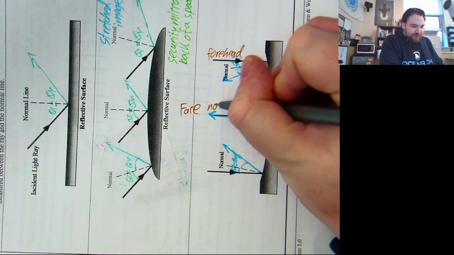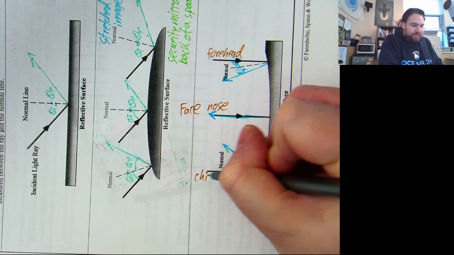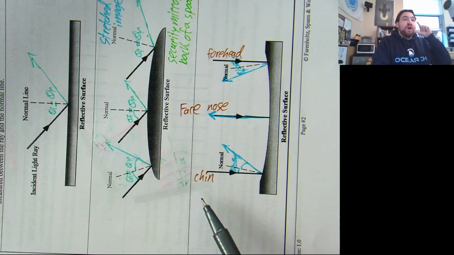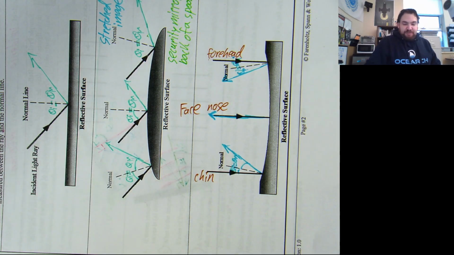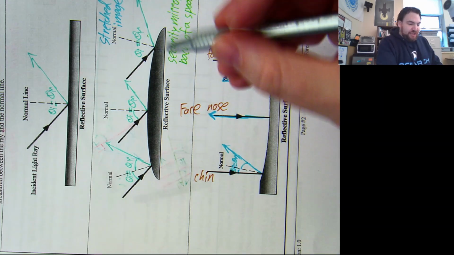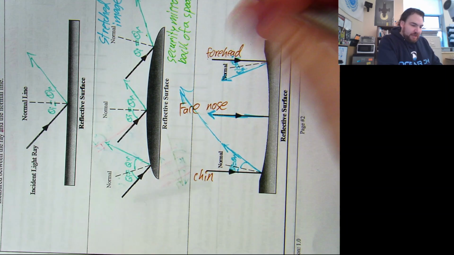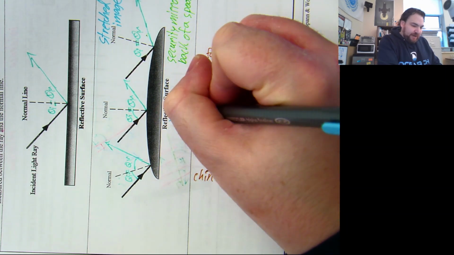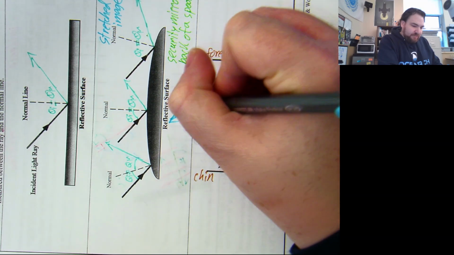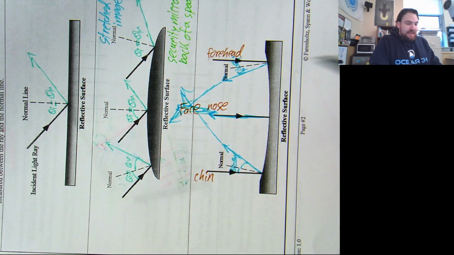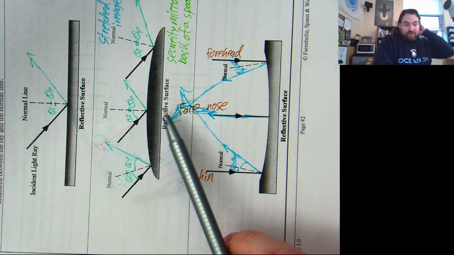This is the light from your nose, and this is the light from your chin. It bounces off your face in a straight line towards the spoon, but the chin light is going to keep going this way. Your forehead light's going to go this way, and your nose light is going to come back in where it was.